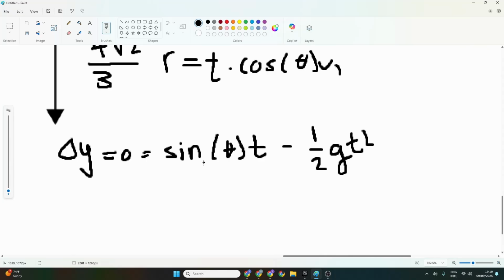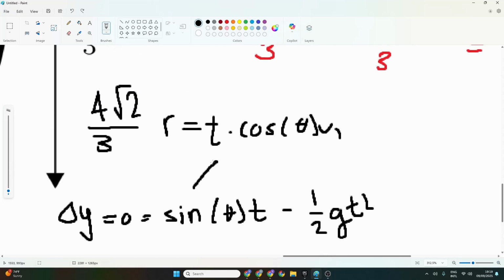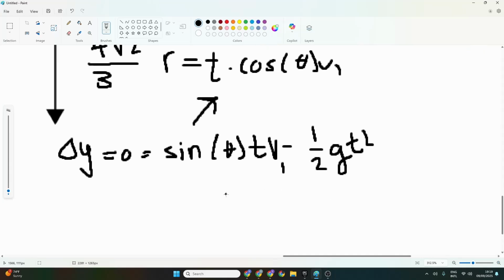We can use this one to find an expression for time, and then plug that in here to find an expression for v1 in terms of things that are not v1. And I forgot to mention that there's a v1 there. Oopsie daisy.